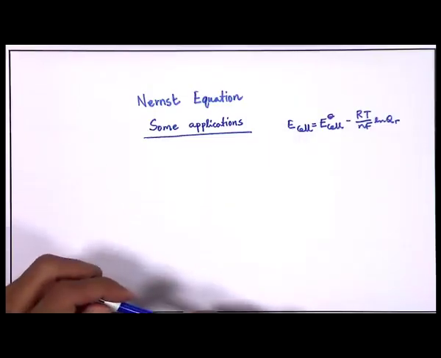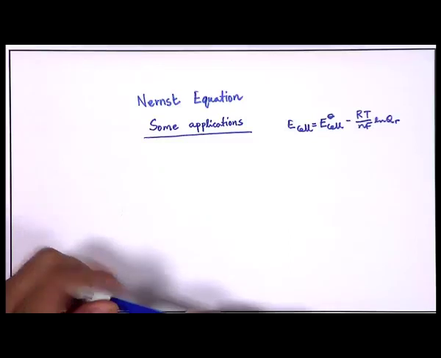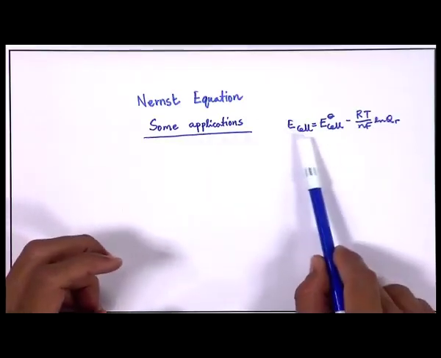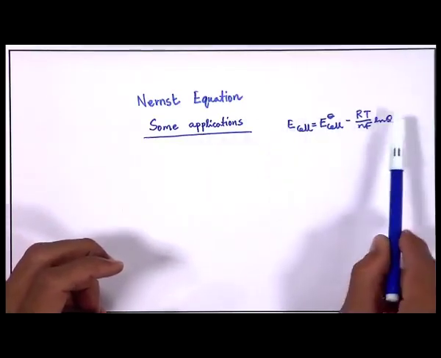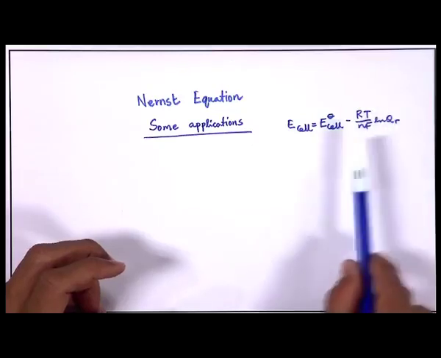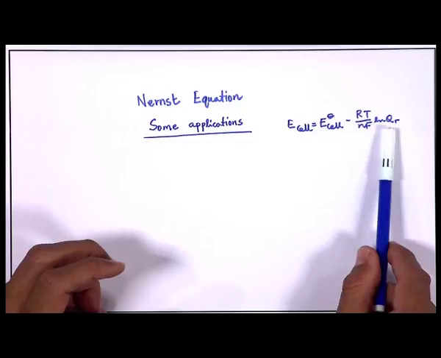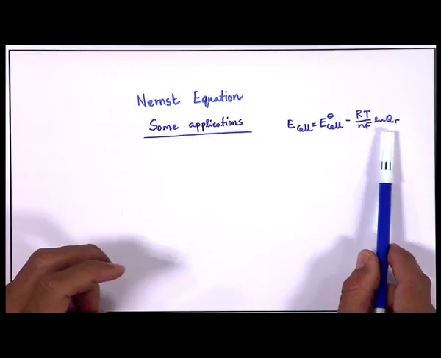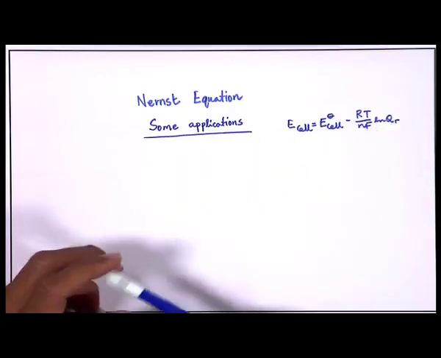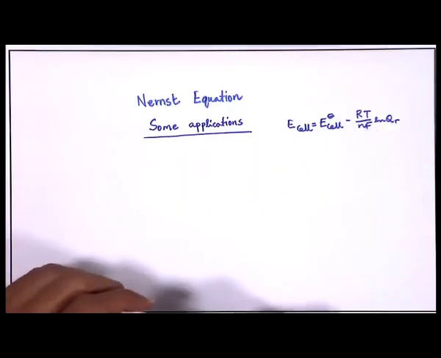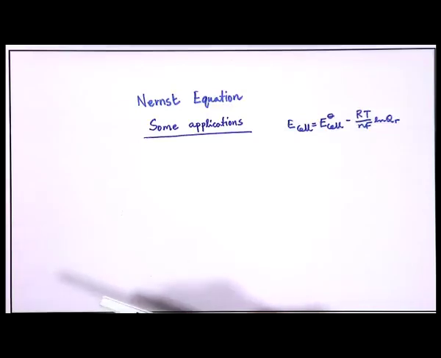Application means either you find out this one or you find out this one experimentally, and while finding out these quantities you would be able to know some other information with respect to the reaction under investigation.